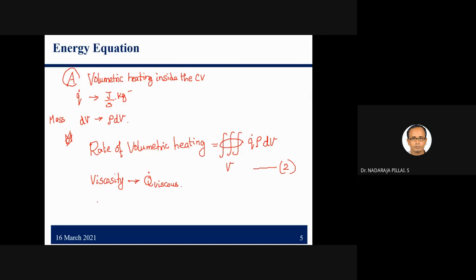So A can be written as the rate of volumetric heating over the volume, that is Q dot rho dV, plus Q dot viscous. So this is due to the heating.